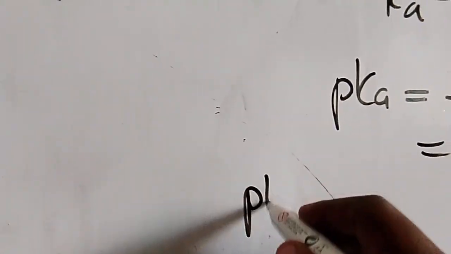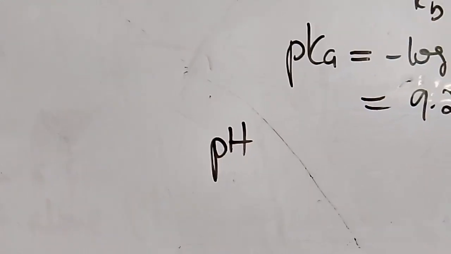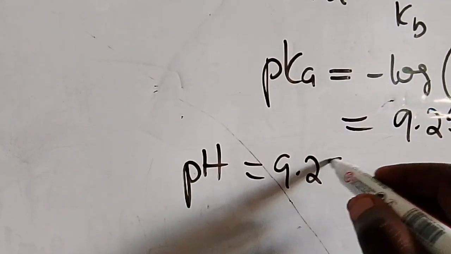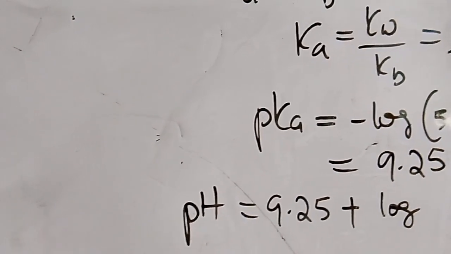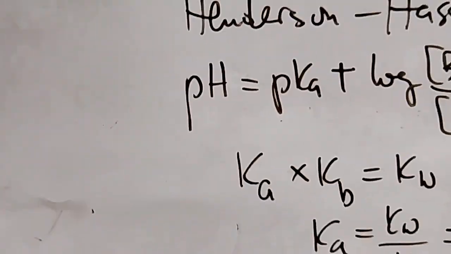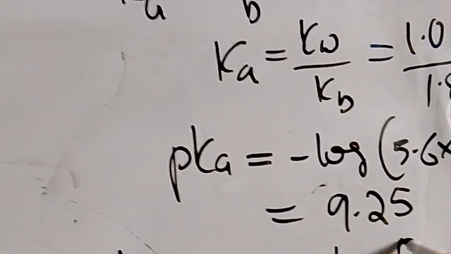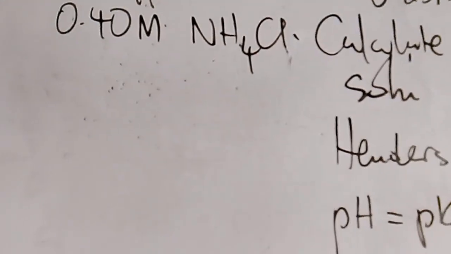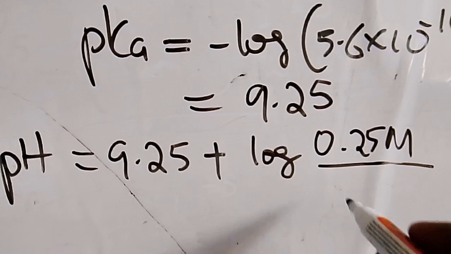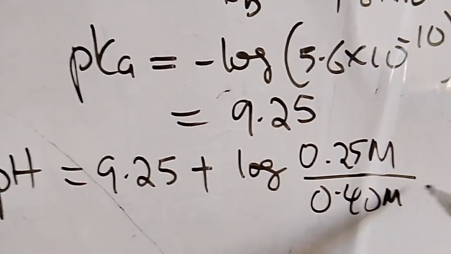So that is our pKa, the one that we shall use in the equation. Okay, so now we have pH will equal pKa 9.25, then plus log base concentration, which is, we take ammonia, 0.25 molar, over acid concentration 0.40 molar.